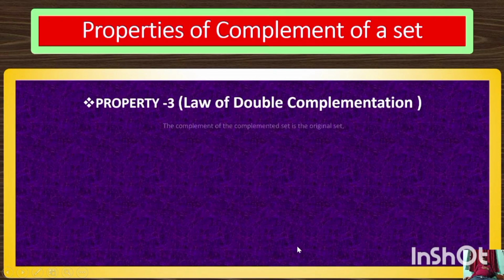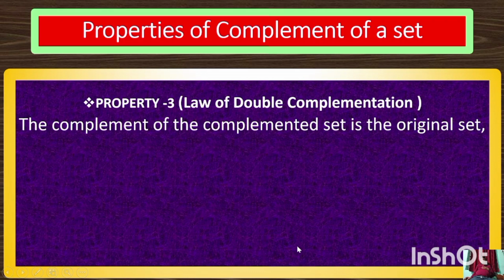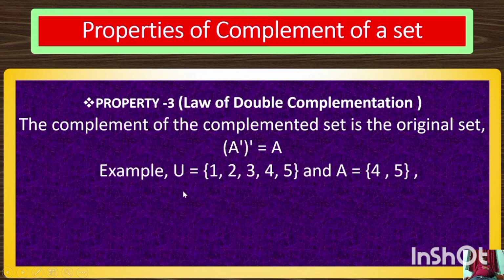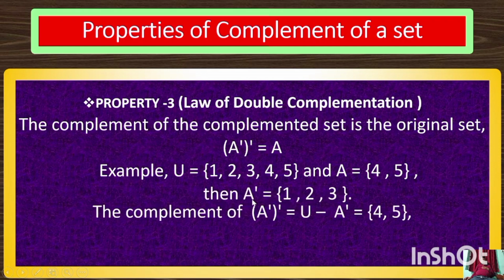Property of the complement: law of double complementation. The complement of the complemented set is the original set. A dash whole dash is equal to A. The complement of the complementary set is the original set. Let the universal set have elements 1, 2, 3, 4, 5 and the set A contain the elements 4, 5. First of all we find the complement of the set, A dash equal to 1, 2, 3.